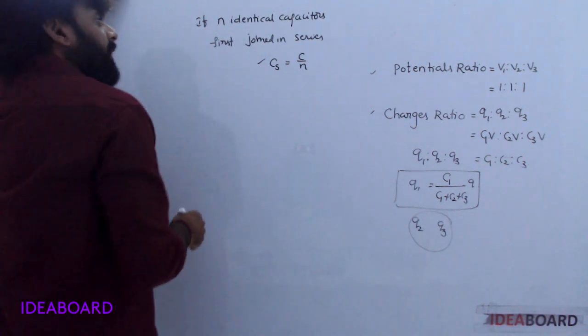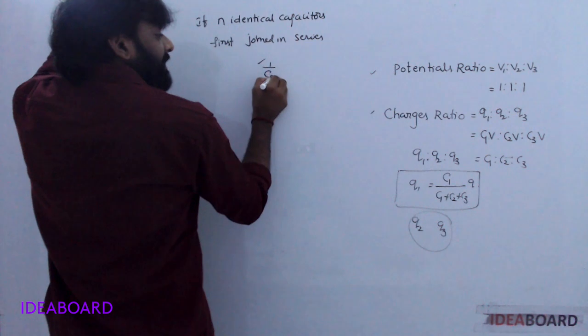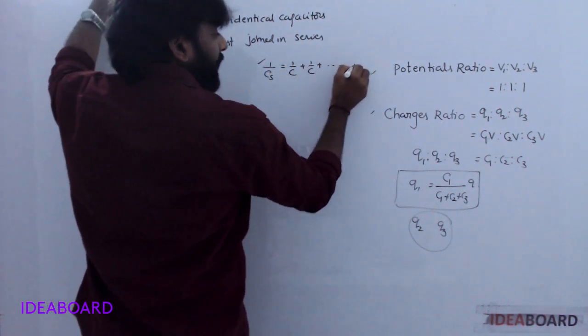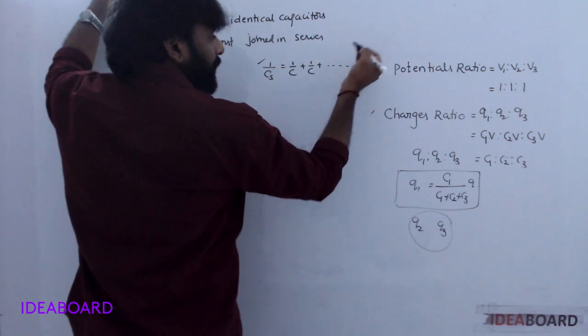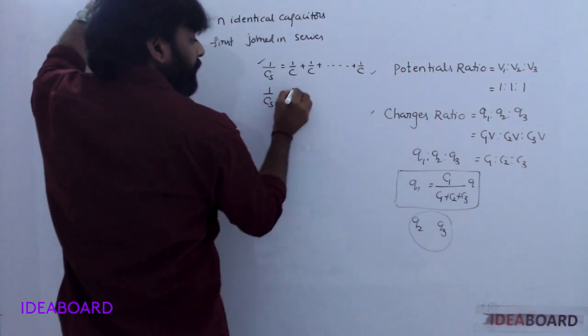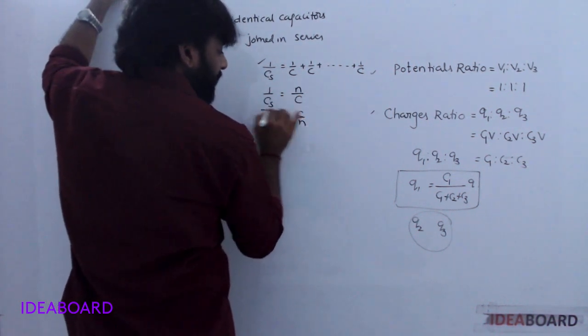Understood? Total: 1 by C series equals 1 by C plus 1 by C plus, up to n terms. So simply you write n by C. C series is equal to C by n.